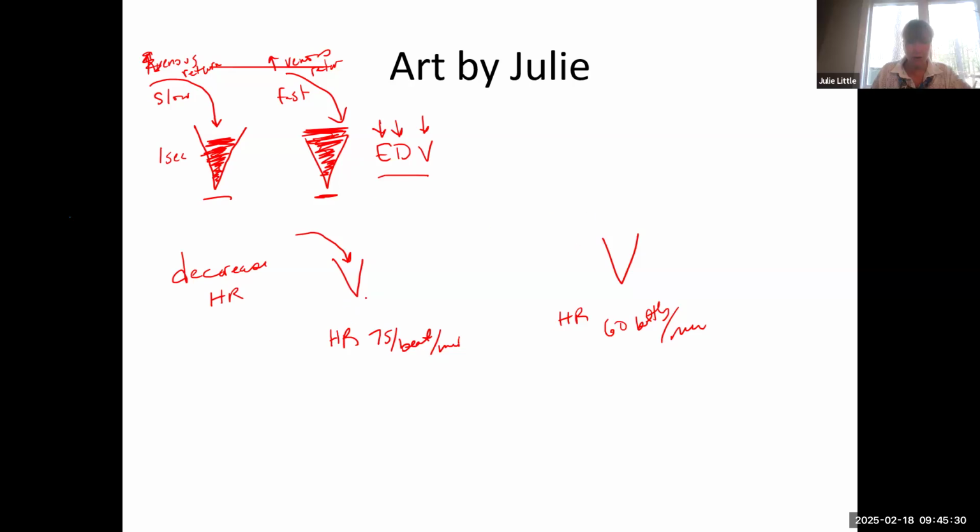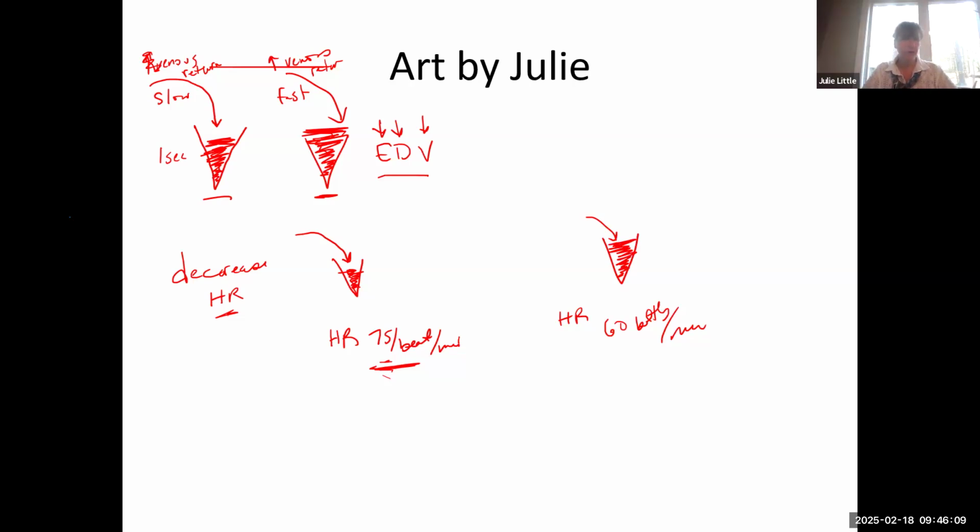We're pouring blood into this ventricle that's going to beat 75 times per minute, and into this ventricle that's going to only beat 60 beats per minute, at an equal rate. This is our normal heart rate, blood fills up, and then the ventricle is at the end of diastole, about to contract. If the heart rate is slower, we have more time to pour that same rate of blood in, and we'll have a higher end diastolic volume because the ventricle has more time to fill.